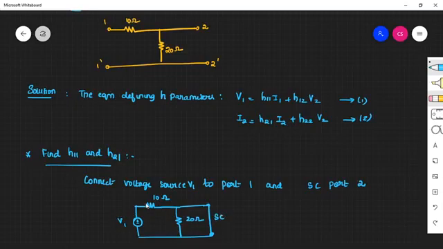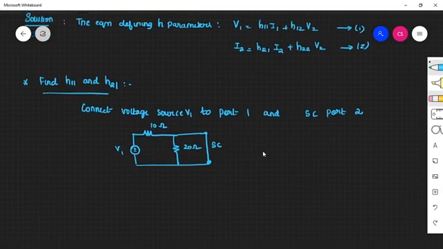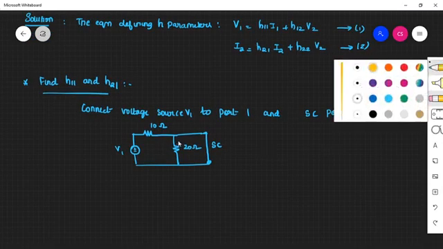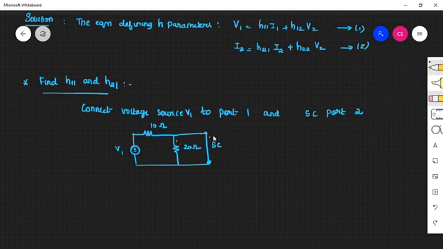This is short circuited. Now what will happen when a resistor is short circuited? We can redraw this circuit. If you see here, this is a resistor and this is a short circuit. A short circuit is nothing but connecting with a wire, and a wire is a conductor which has zero resistance. So a 20 ohm resistor is in parallel with zero resistance. What will be the equivalent resistance?